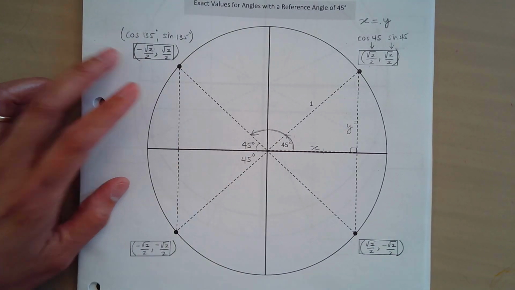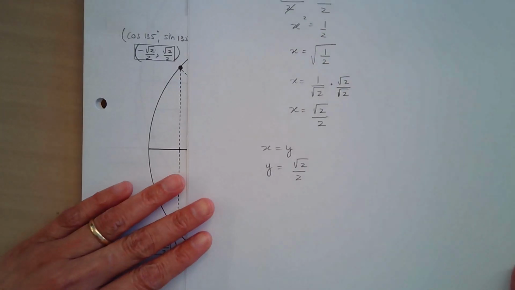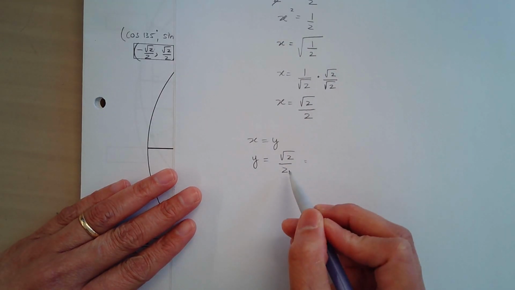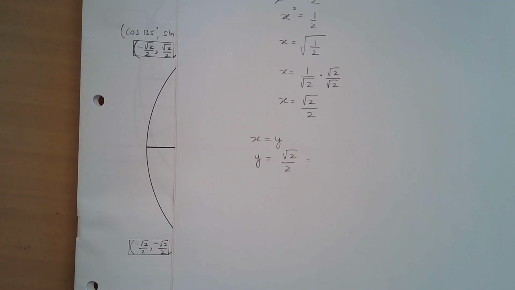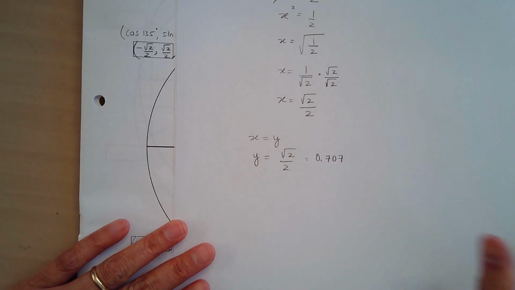Okay, now pull out your calculator. Can you please figure out what root 2 over 2 is approximately? It's 0.707, right? You're going to see this number quite a bit.